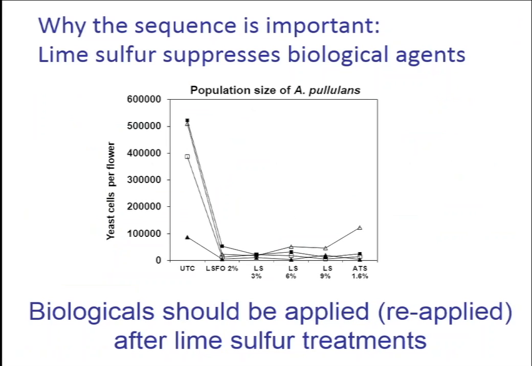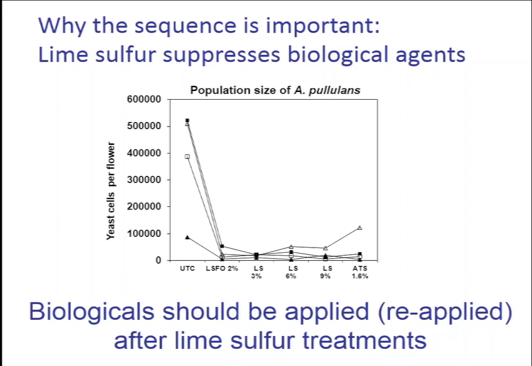The second effect, which I'll show you in the following slide, is that lime sulfur is actually toxic to biologicals, including the pathogens. And so here's the population size of the yeast, Blossom Protect yeast, after we put on different rates of lime sulfur on the flowers. You can see we have untreated control, that's UTC, lime sulfur and fish oil each at 2%, and then just straight shots of lime sulfur, 3%, 6%, 9%, and then a non-organic ammonium thiosulfate treatment, which is also used for this.